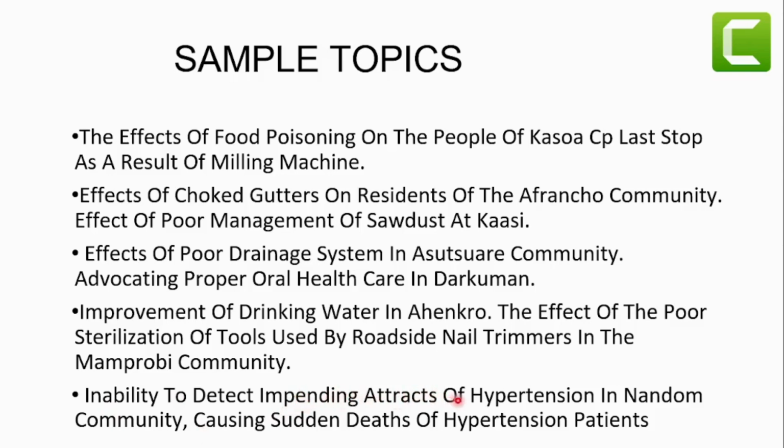Early prediction of hypertension. Hypertension is a silent killer and it only shows at the point of death. You only see most of the symptoms at the point of death and it remains silent in the course of, let's say, the incubation period for the disease. So the inability to detect the impending attacks is causing sudden death of people.